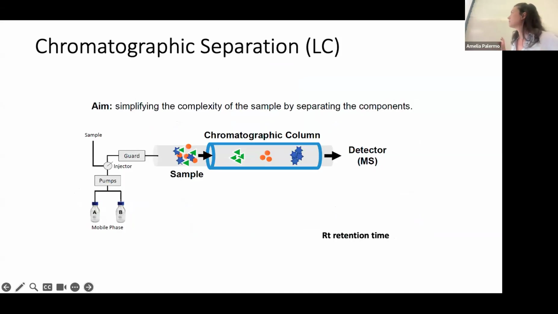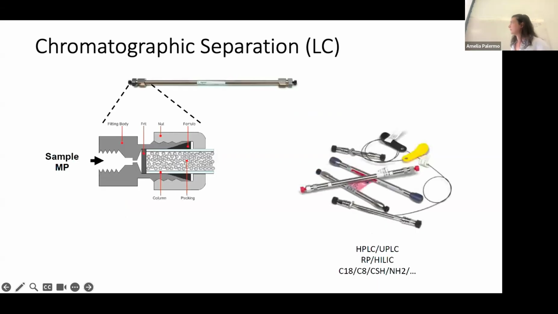Okay, this slide is only to give you a visual of what happens in the chromatography, right? You have the sample, a complex mixture of analytes. The role of the chromatography is to separate these molecules. You see that they separate in the chromatographic run and they get to the detector, which in this case is the mass spectrometer, separated, so simpler to detect.